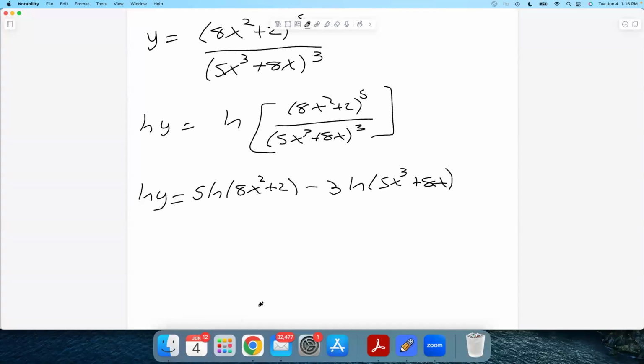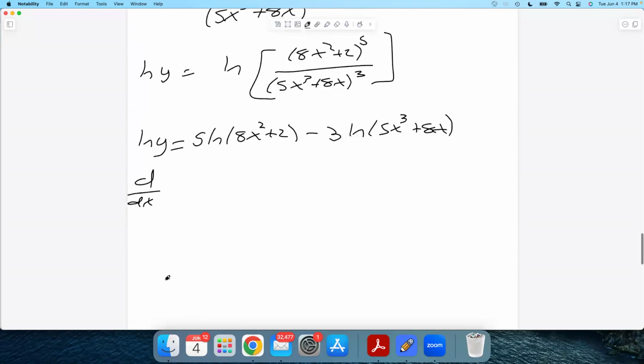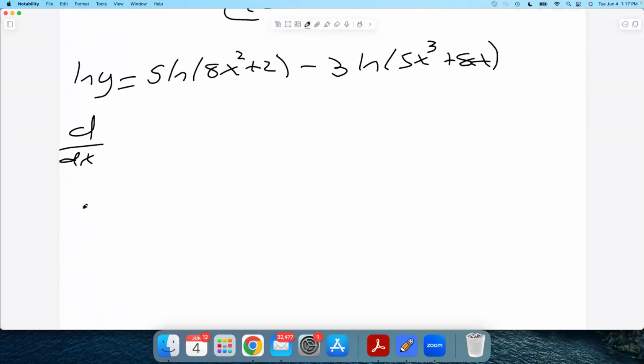Now we can take the log of both sides, or sorry, we can take the derivative with respect to x of both sides. We know what we get here. We get y prime over y. We need more space. Okay, derivative of log of anything. The 5's going to come along for the ride.